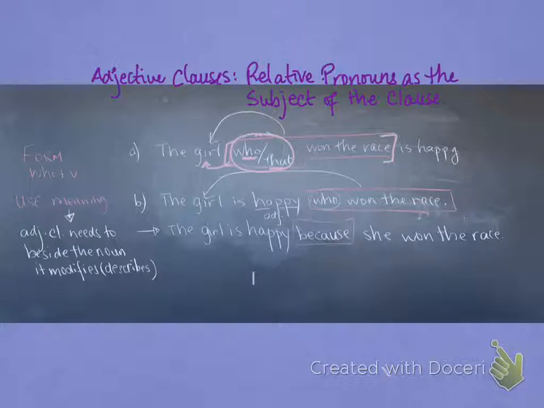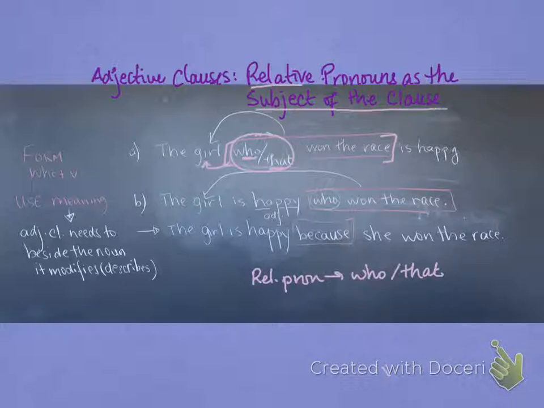So relative pronouns that are used when we're talking about people are who and that, when we're talking about relative pronouns as the subject of the clause.